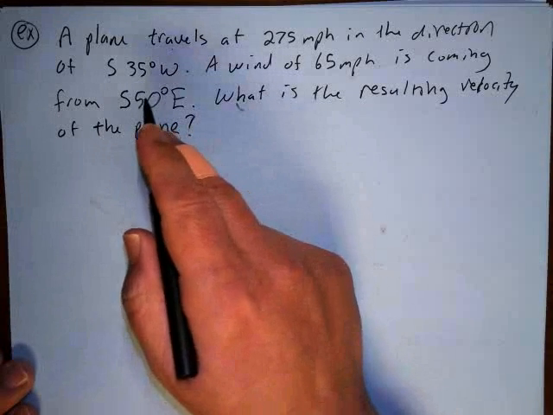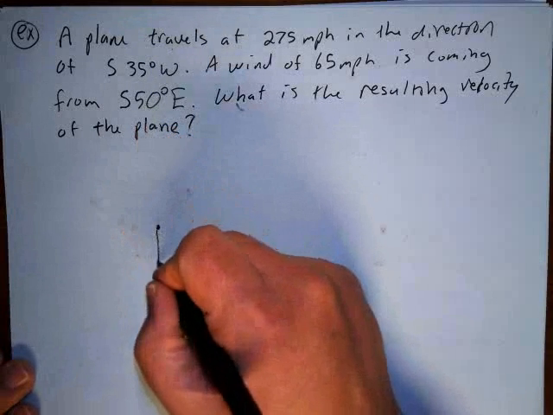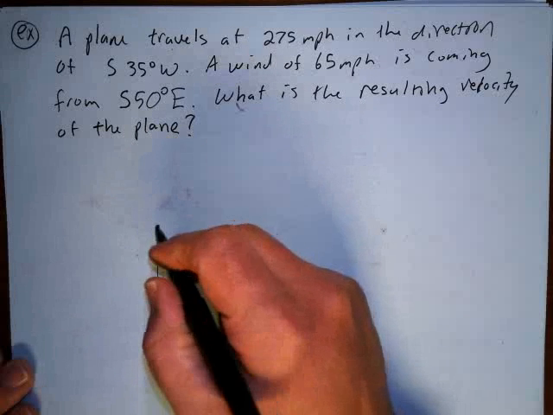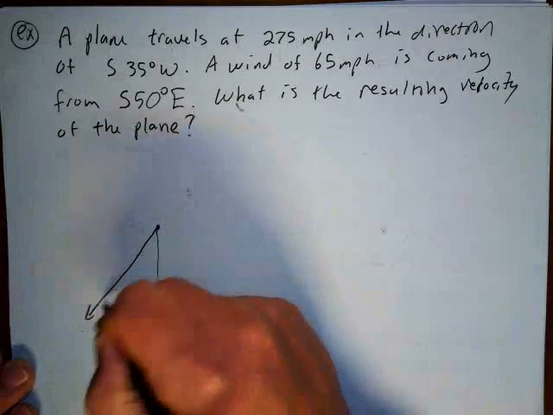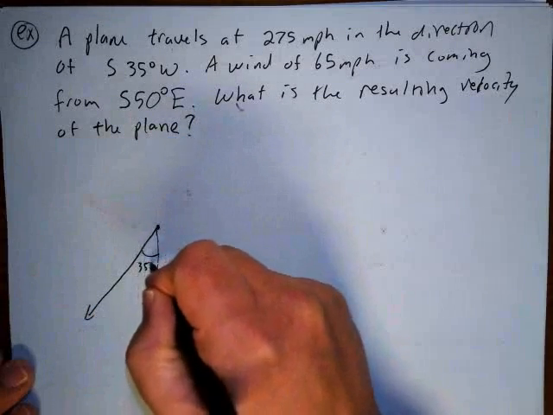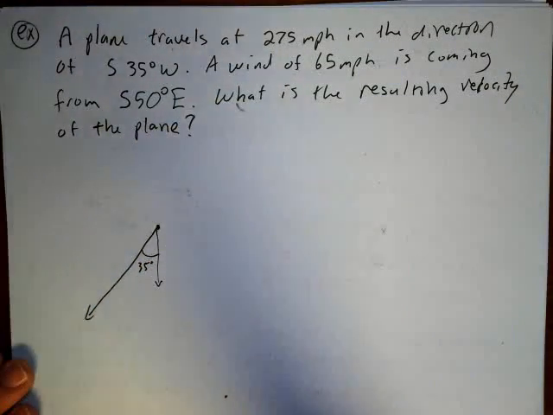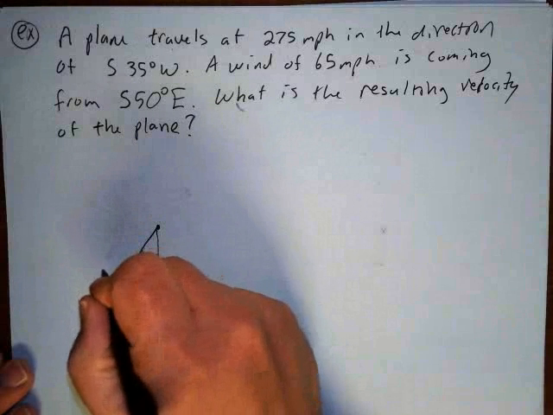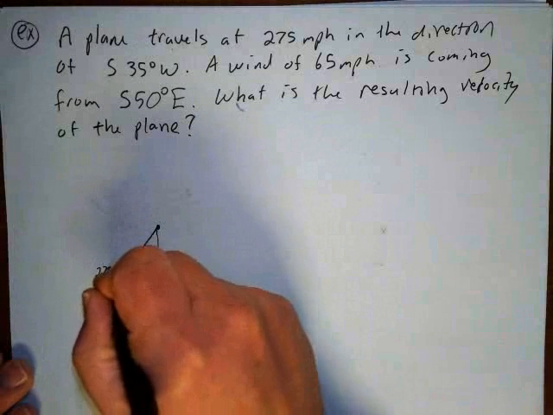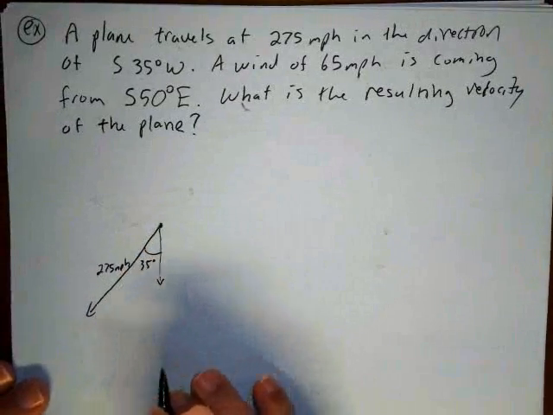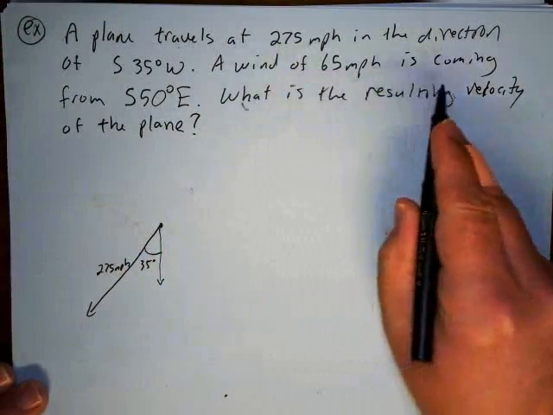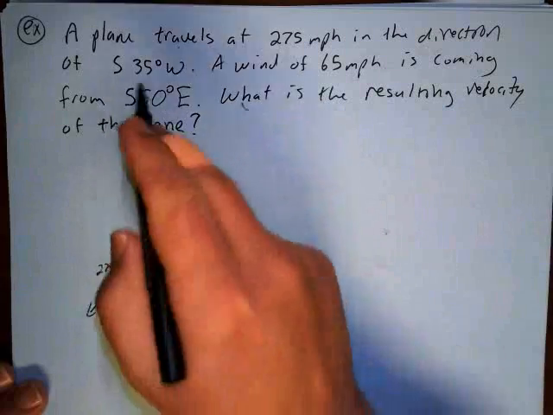So we got south, and it's going towards the west, 35 degrees. So I have this angle, and that's 35 degrees. And the magnitude of this is 275 miles per hour.